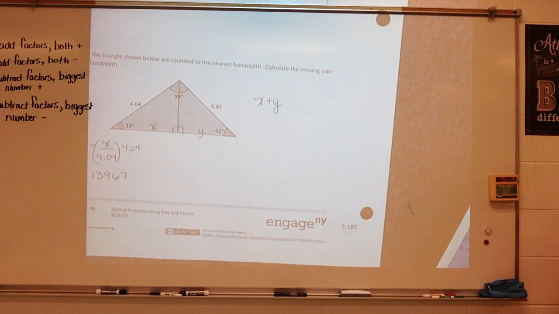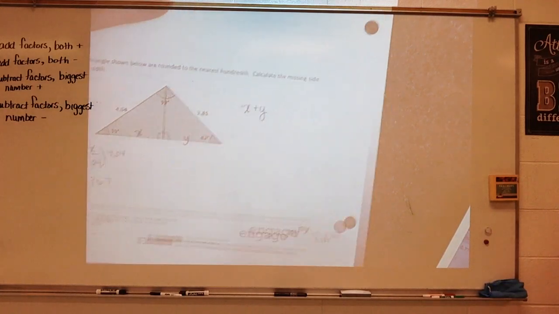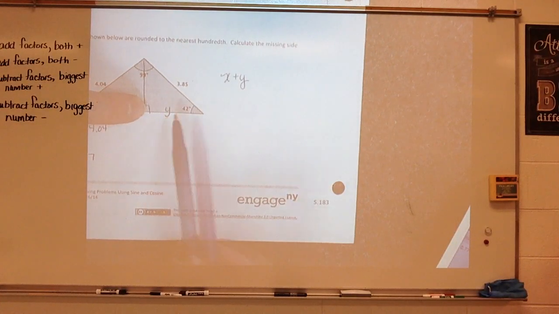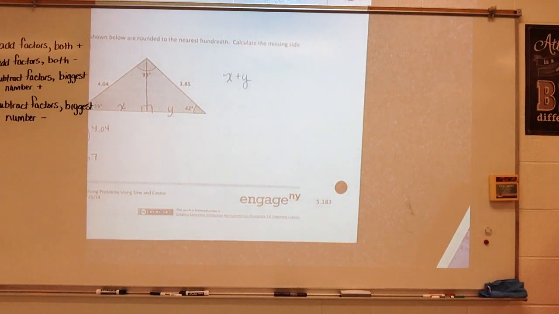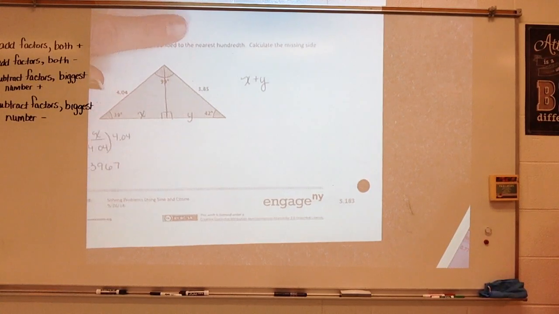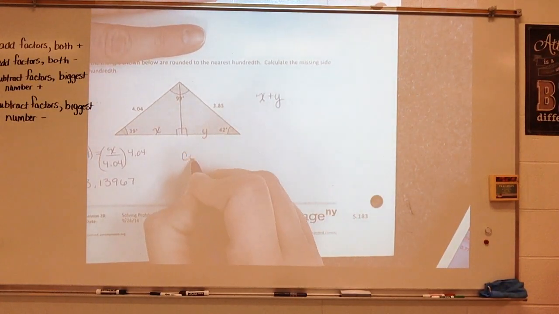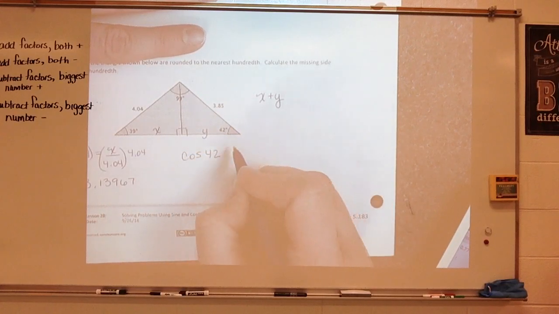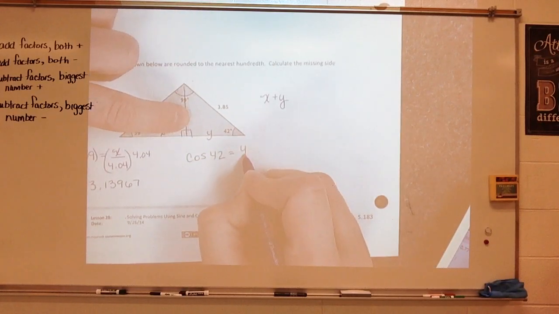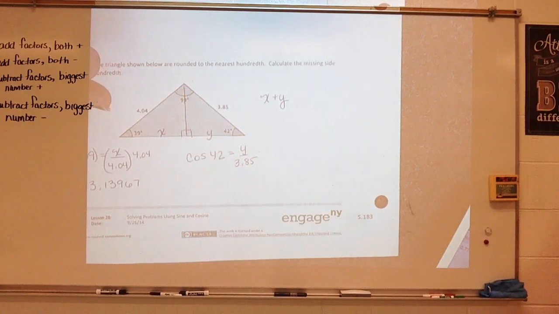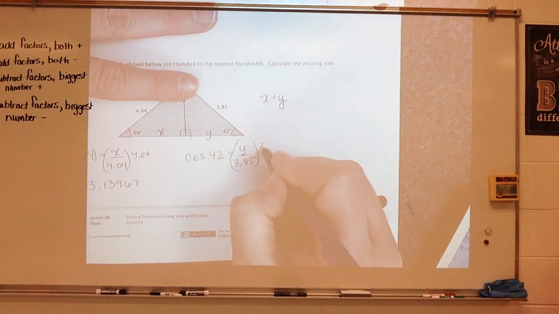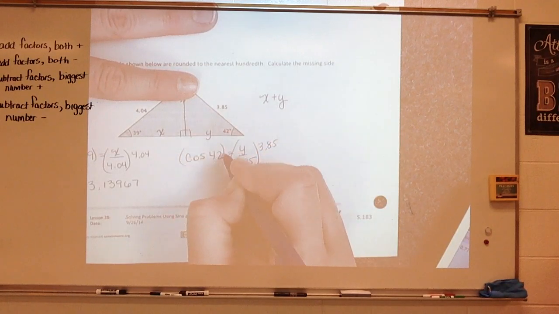Alright, and then I'm going to look at my Y, which is my adjacent over hypotenuse. So I'm going to find the cosine of a 42-degree angle, which is Y over 3.85. Multiply everything times 3.85.